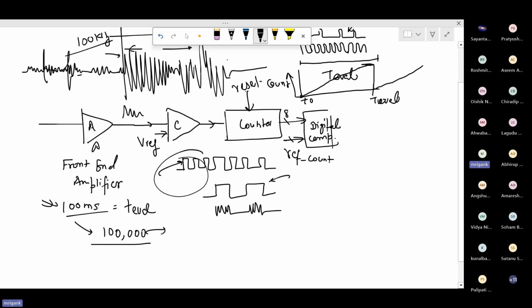Again, based on the detection mechanism, if you try to count all these pulses, you will require a huge number of bits in the counter, and that will slow down the detection process itself. The counter will be very big and will consume a lot of power if we have so many bits, right?